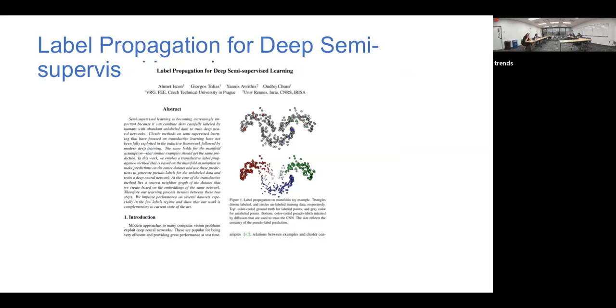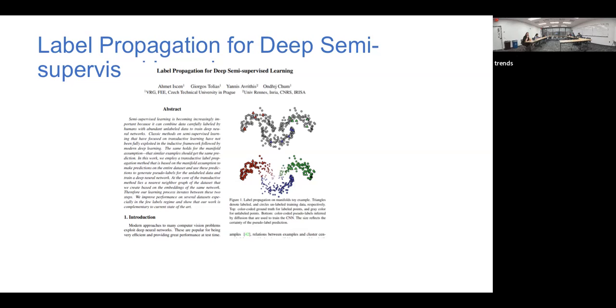This is another paper, which is from 2019. Classic methods in semi-supervised learning that have focused on transductive learning have not been fully exploited in the inductive frameworks followed by modern deep learning.